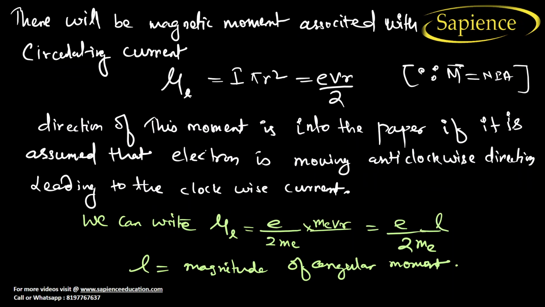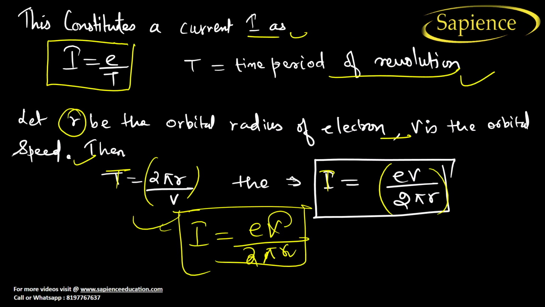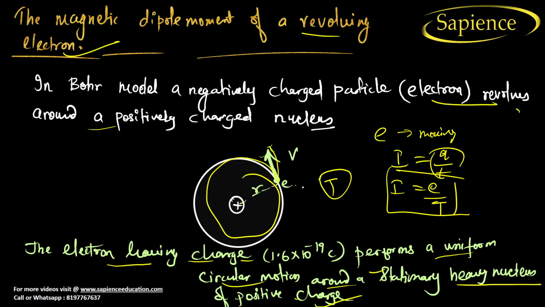Now there will be a magnetic moment associated with the circulatory movement. What is the formula for the magnetic moment? Magnetic moment is equal to NIA, but here there is no number of loops, so we write I into area. The area of the coil is pi r square, because we are dealing with a circular section.